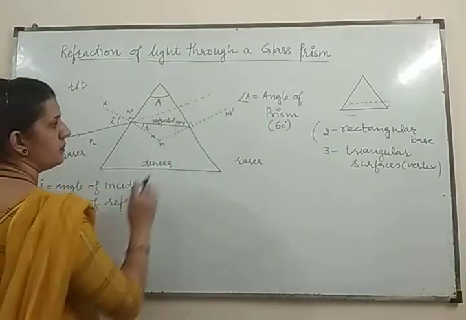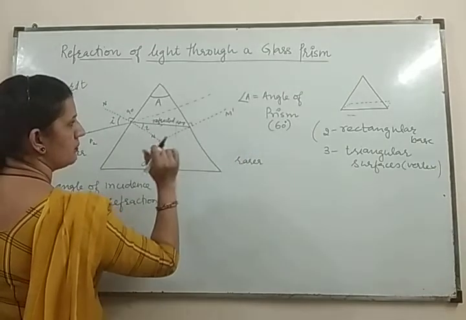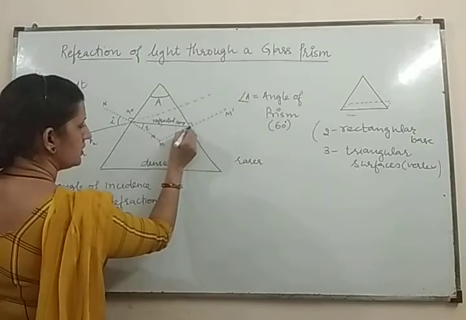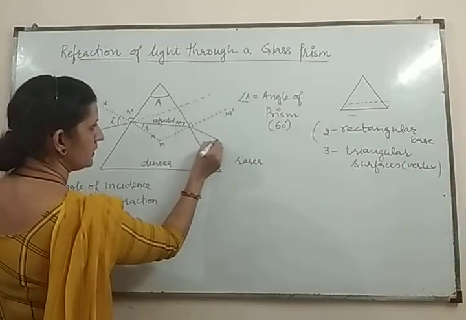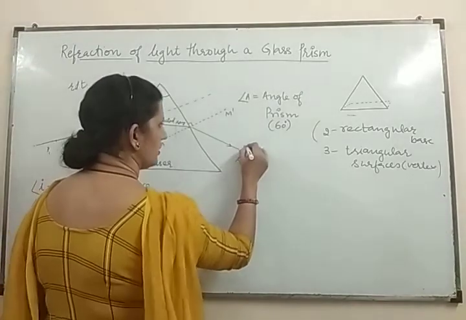Here what will happen? The ray from the denser medium will travel to the rarer medium. So it will move away from the normal. So it will move like this. So this is the emergent ray.